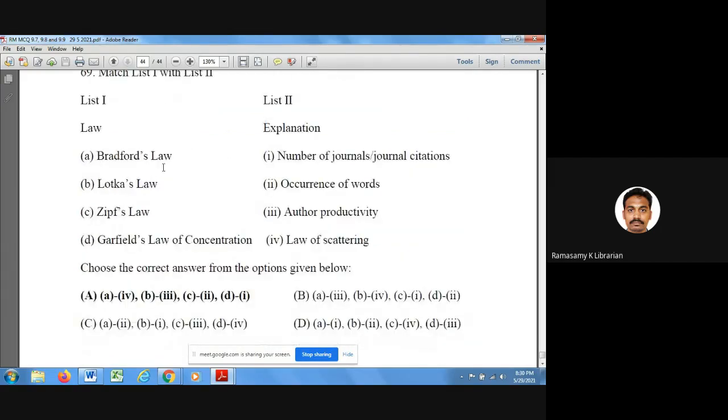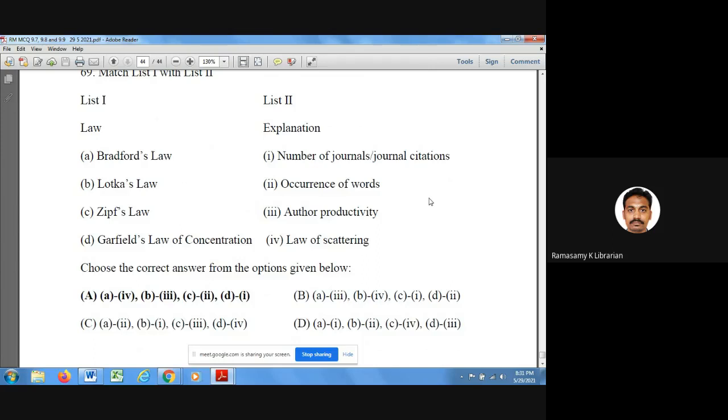You know very well, Bradford's law is about the law of scattering. Lotka's law is about author productivity. Zipf's law is about the occurrence of words. And Eugene Garfield talked about the law of concentration. That's the number of journals divided by journal citations. See, this gentleman, Eugene Garfield, found something very close to Bradford's law of scattering.